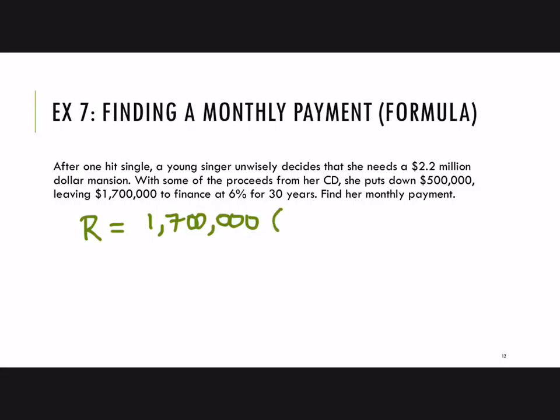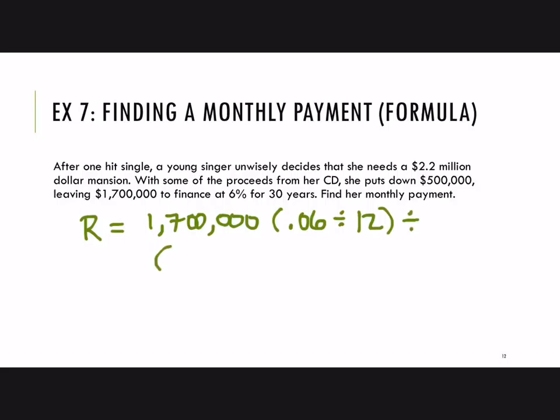So next you would do parentheses, and then you want the rate as a decimal, so 0.06 divided by 12, close parentheses, then division sign, we're moving into the denominator.